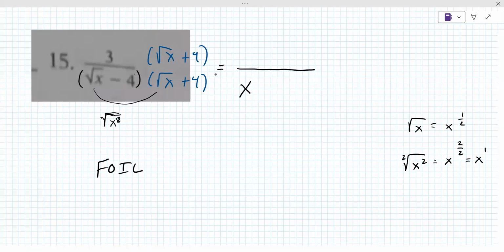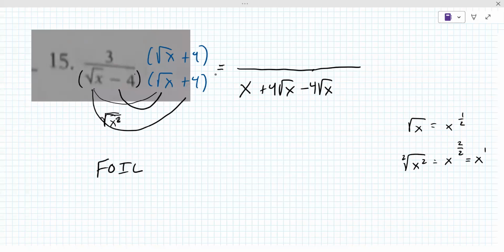All right, now we have to do the outer: square root of x times +4. What does that become? That would be 4 square root of x. And then the inner is -4 times square root of x. What does that become? -4 square root of x.